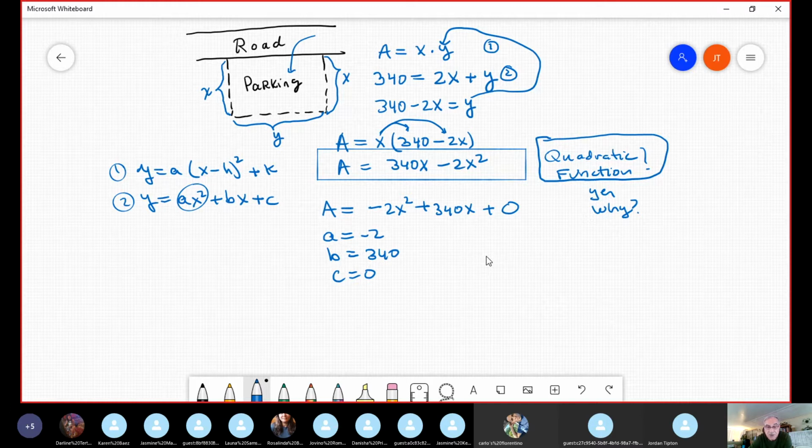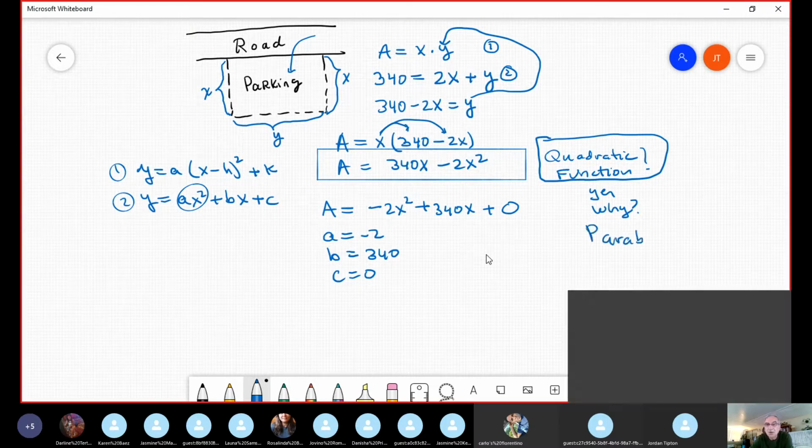My question is, does this equation correspond with a parabola or not? Sergio says no. Does everyone agree with Sergio?